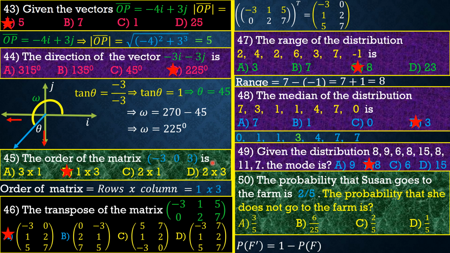So guys, the probability that she does not go to the farm is simply given as 1 minus the probability that she goes to the farm. So we are going to have P of F prime being equal to 1 minus probability of F. Probability of F, guys, has been given to be 2 over 5. So we're going to have 1 minus 2 over 5. Simplifying this, guys, we have an answer of 3 over 5. Great. So guys, option A is the best option for this question.